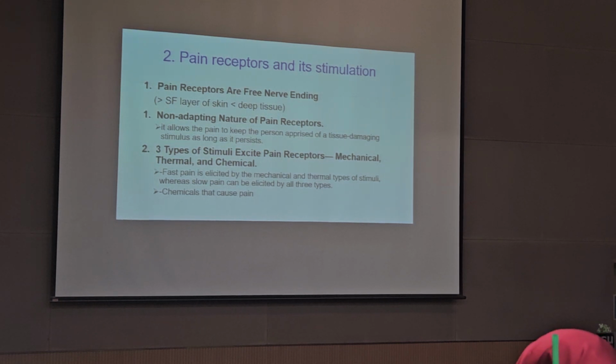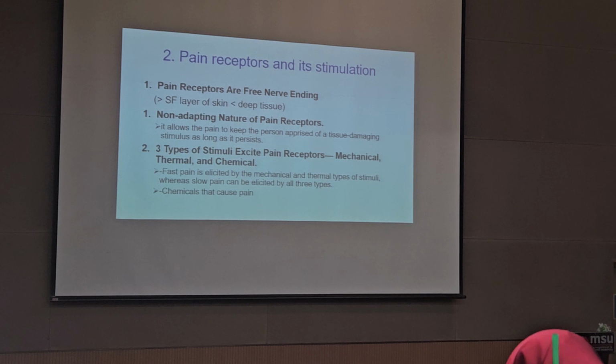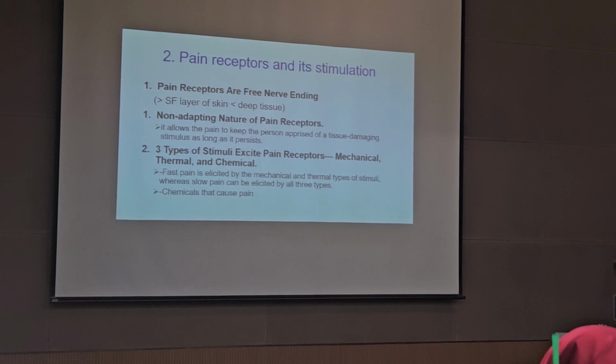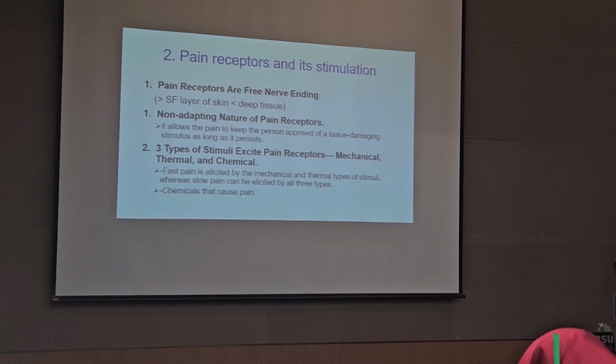Pain receptors are non-adaptive in nature. Remember that we can classify receptors according to adaptation, right? Pain receptors are the most slowly adapting receptors. As long as there is stimulation, we still feel pain. There are three types of stimuli that excite pain receptors, the nociceptors: mechanical, thermal, and chemical.